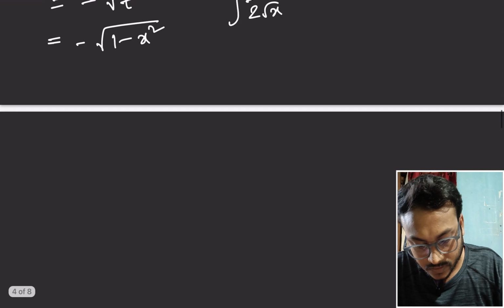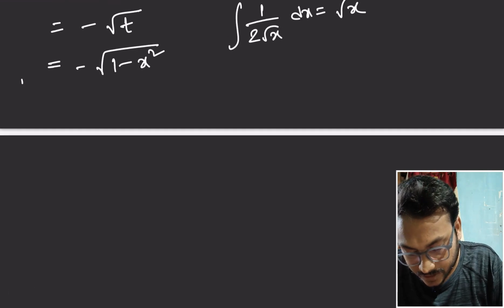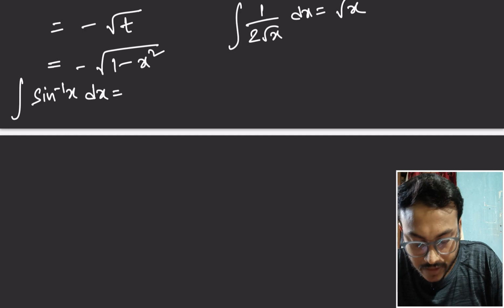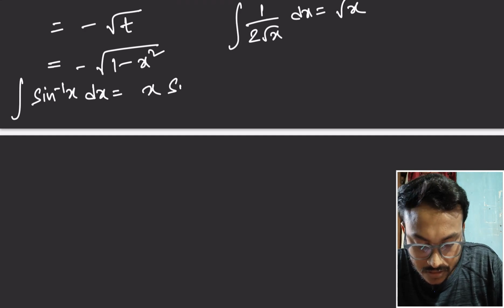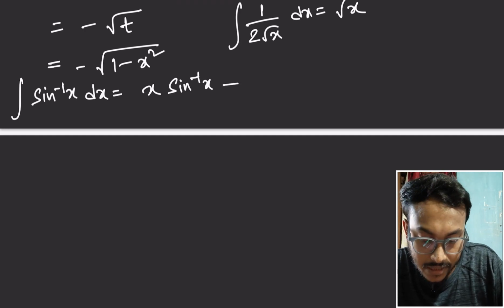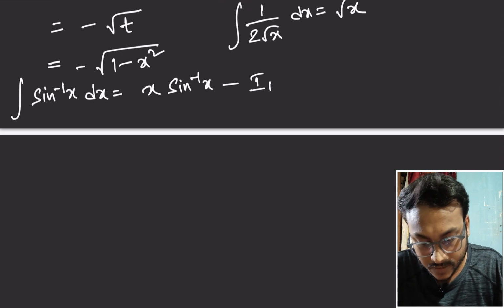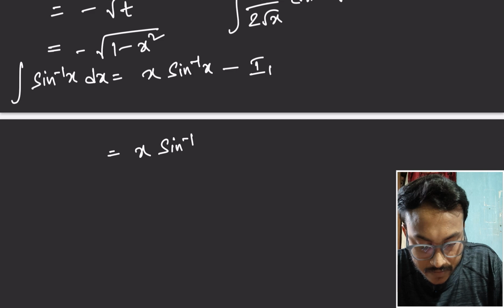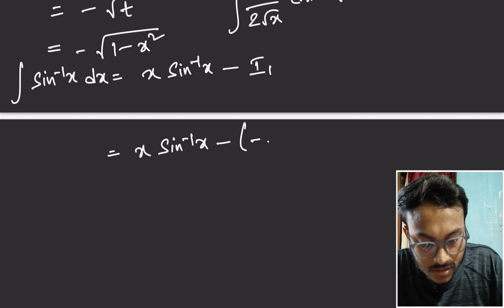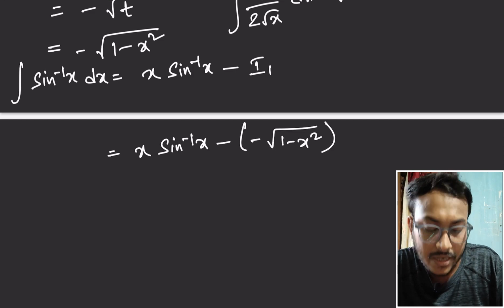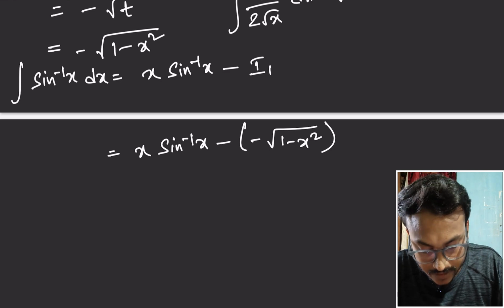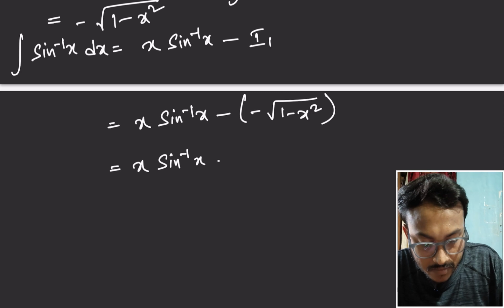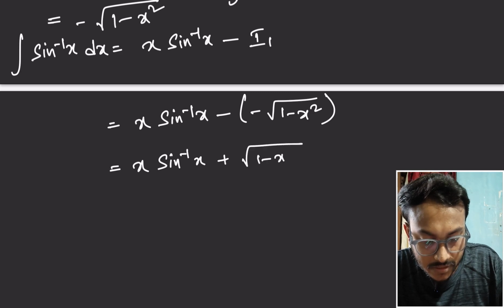So what was our integration? Our integration was integration of sine inverse x, and that we got x sin inverse x minus I1. ओके, ये हम लोगों ने निकाल के रखा हुआ था. सो बस I1 की जगह पे हम लोग को पुट करना है माइनस रूट ओवर 1 माइनस एक्स स्क्वायर को. सो दिस विल बिकम x इंटू साइन इनवर्स x प्लस रूट ओवर 1 माइनस एक्स स्क्वायर.